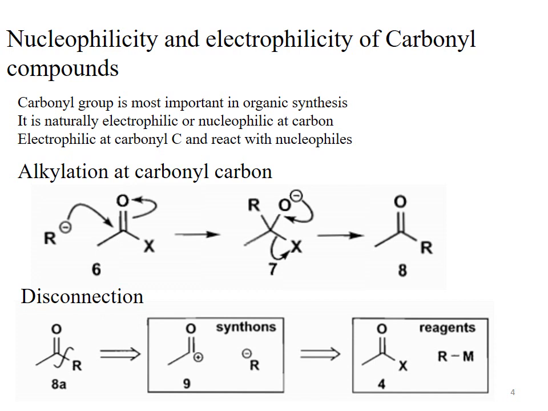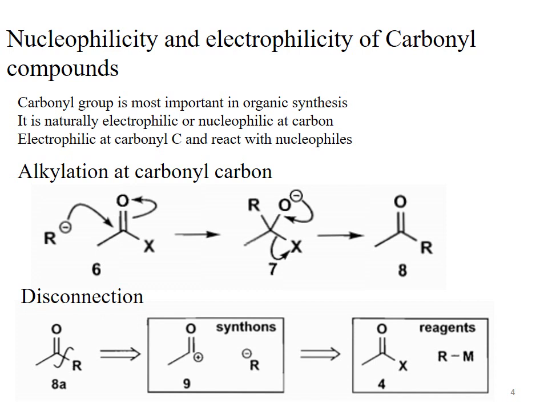So the source of R negative, meaning those compounds in which the R group carbon carries a negative charge, are the organometallic compounds. Remember, the source of R negative are only the organometallic compounds.